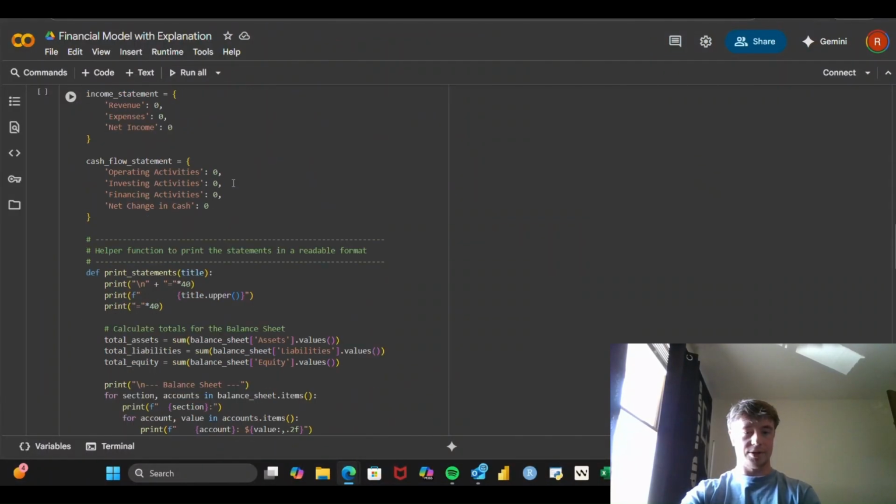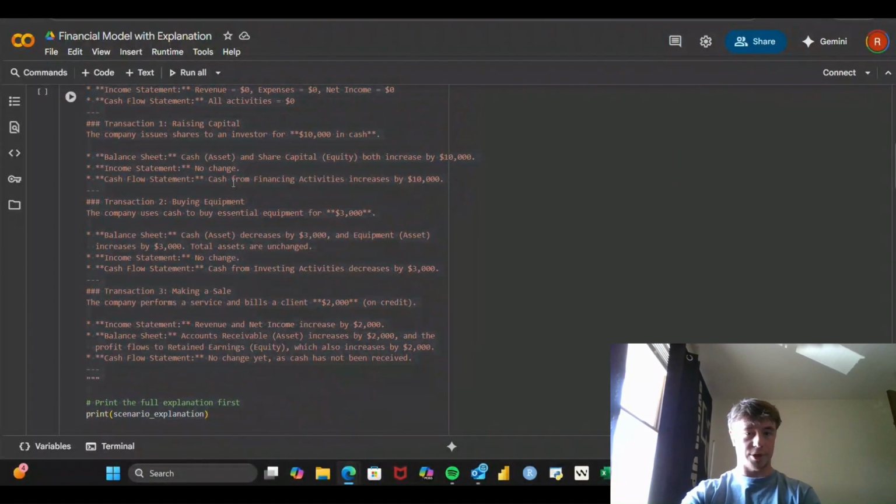Now, moving to the first transaction here, we have raising capital, as I mentioned in my prompt. In this scenario, this company, Simple Startup Incorporated, raised $10,000 in cash. The way that this is going to affect the balance sheet, since cash is an asset, the assets are going to go up by $10,000.